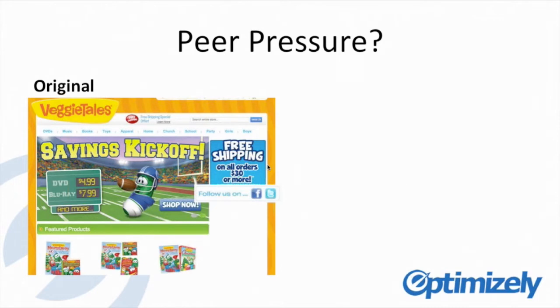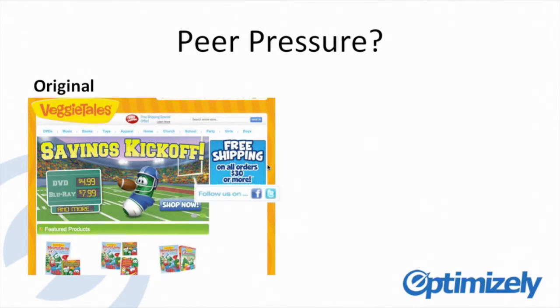There's a lot of activity there. So they wanted to build up that community even more, and they hoped that by presenting that community to their users from the get-go, right from the homepage, the users would feel a little bit more confident in shopping with VeggieTales because they know that so many others have been confident in it before.